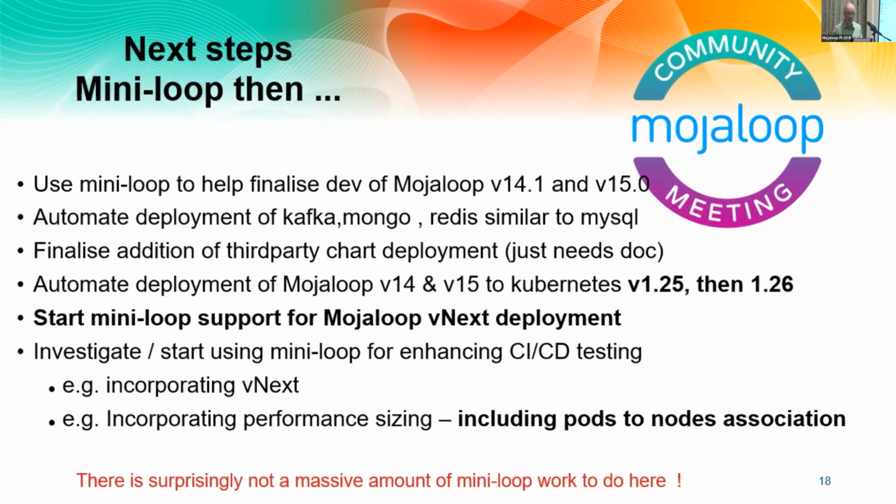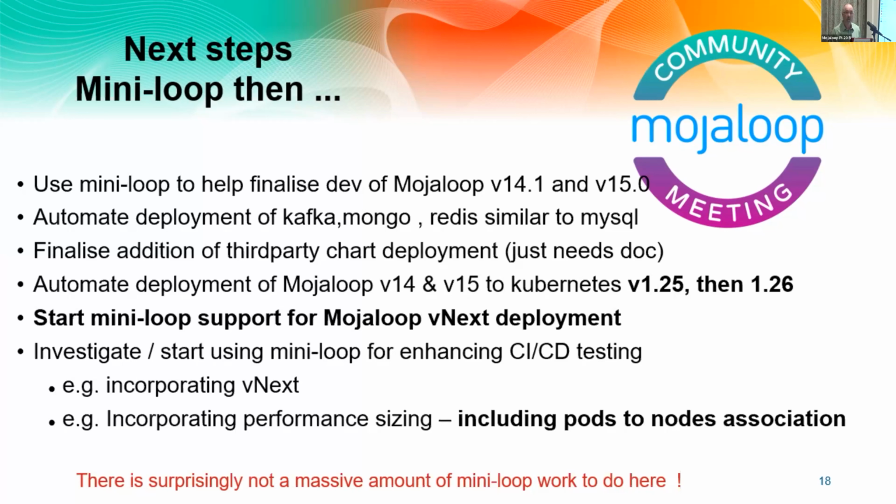And we're going to use Miniloop to finish off the 14.1 and 15 releases where we're separating out backends. So Sam will tell you about that. It's going to then deploy those backend services automatically for you. And importantly, we're starting to support vNext and looking at that.